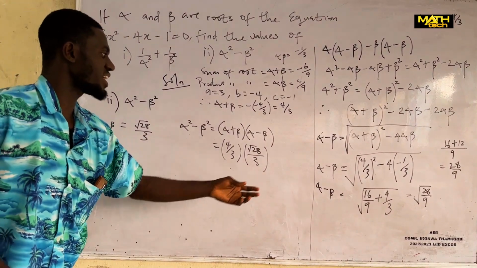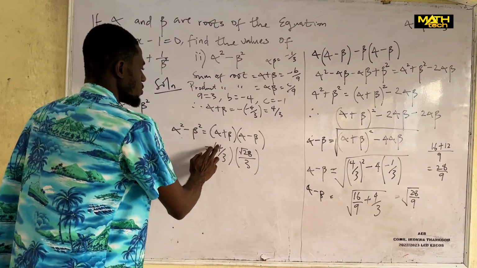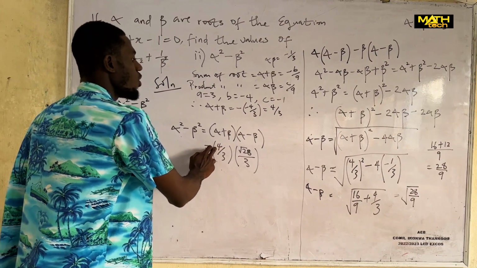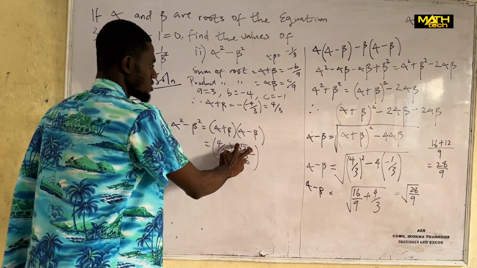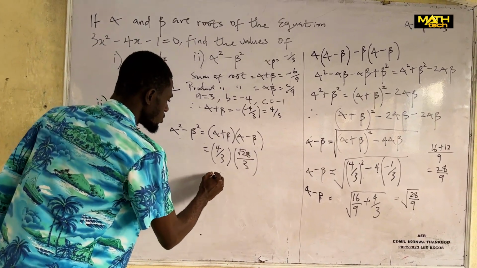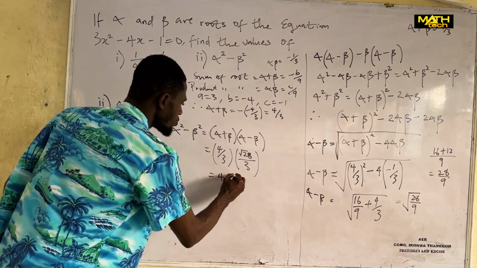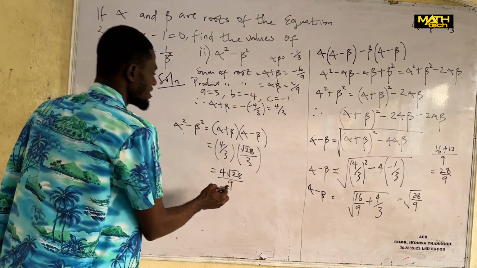So let's multiply to get the answer. Multiplying 4 times this, 4 times the square root of 28 gives us 4 square root of 28, and 3 times 3 gives us 9.